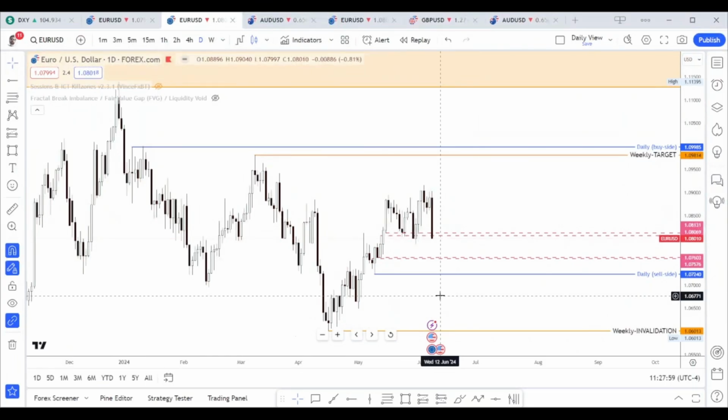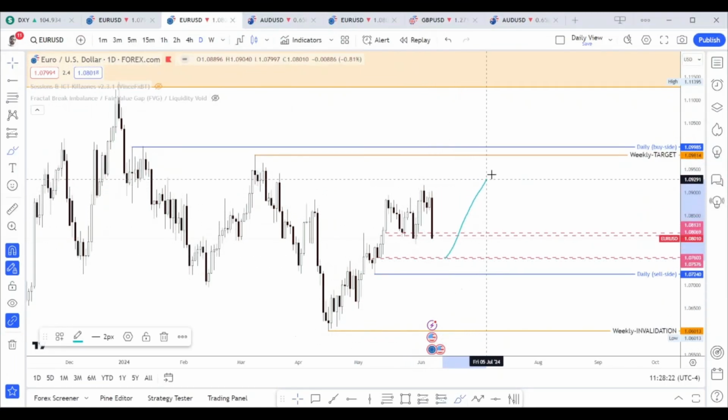As you guys should know, I have been trying to draw your attention towards two levels, this one and this one. I've been saying for almost the last 15 days through my videos that this level, which is actually a daily fair value gap, needs to be tapped once again before the price starts going upwards.